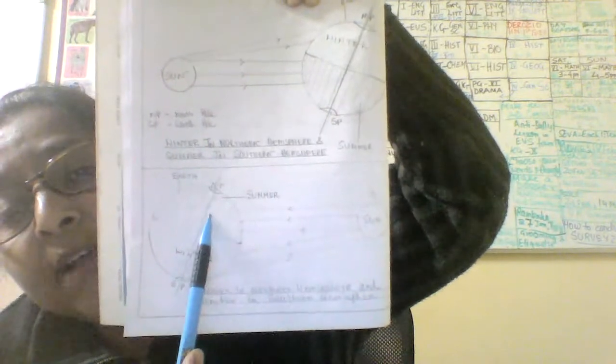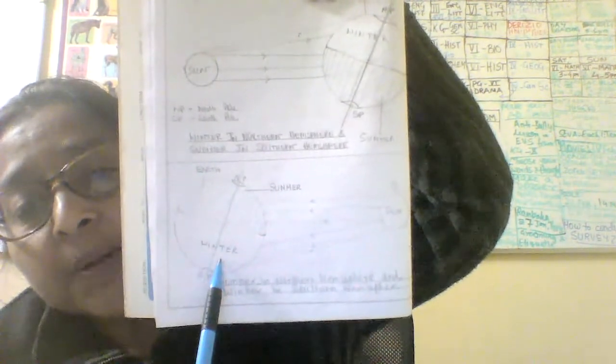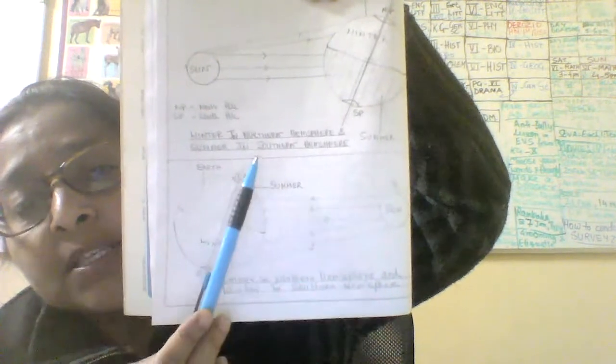So what you are going to do? You're going to draw the Earth. The northern hemisphere should be closer to the sun. So you see the sun rays are falling directly. The southern hemisphere is away from the sun, rays are slanting. Therefore, the north gets more heat. It is summer in the north. The southern hemisphere gets lesser heat, so it is winter in the southern hemisphere. And always because the Earth's axis is tilted like this. Got it?